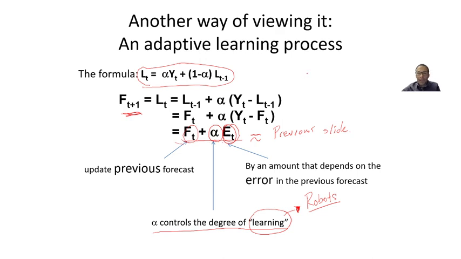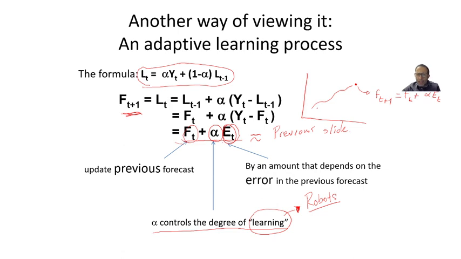So let's imagine that we have the same GDP here, and imagine that this dot represents my forecast in time t plus 1. This forecast in time t plus 1 equals the forecast in time t plus alpha times the error in time t.